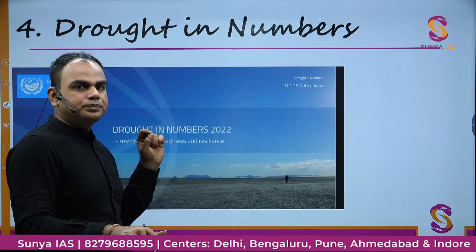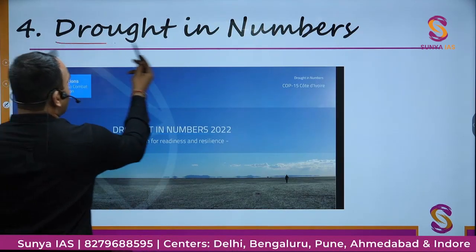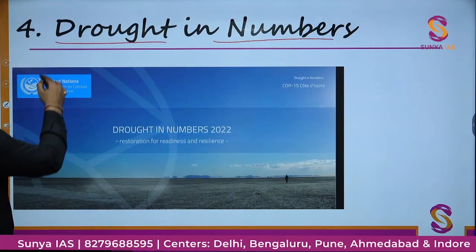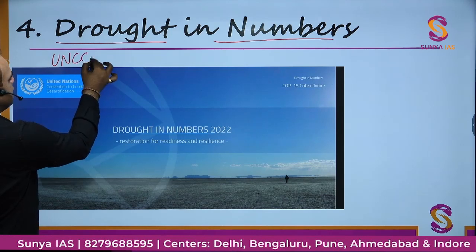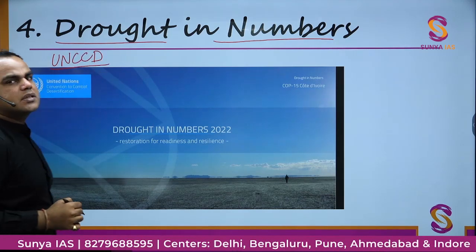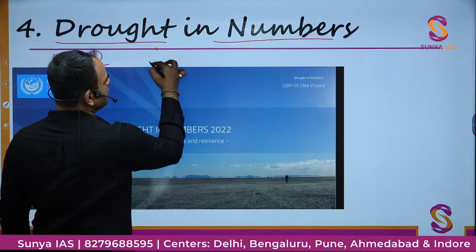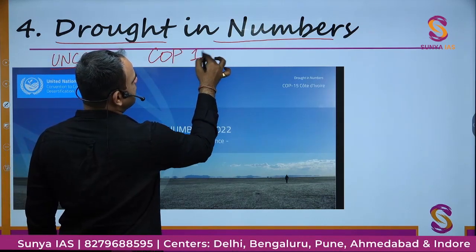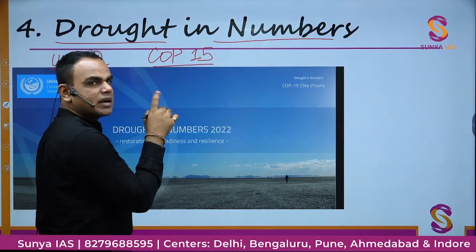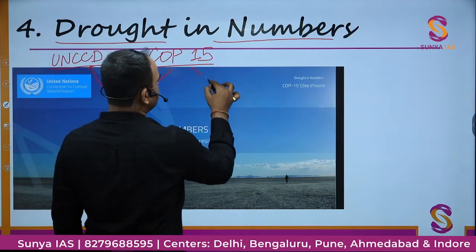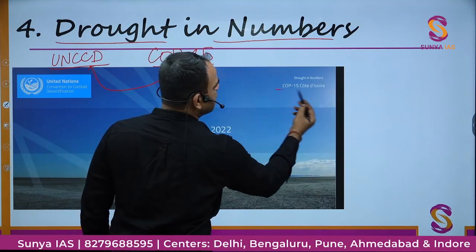Moving forward, the Drought in Numbers report. Here it is by UNCCD, the United Nations Convention to Combat Desertification. Recently, COP15, the Conference of Parties 15 of UNCCD, happened. This happened in Africa, in Abidjan, Côte d'Ivoire.